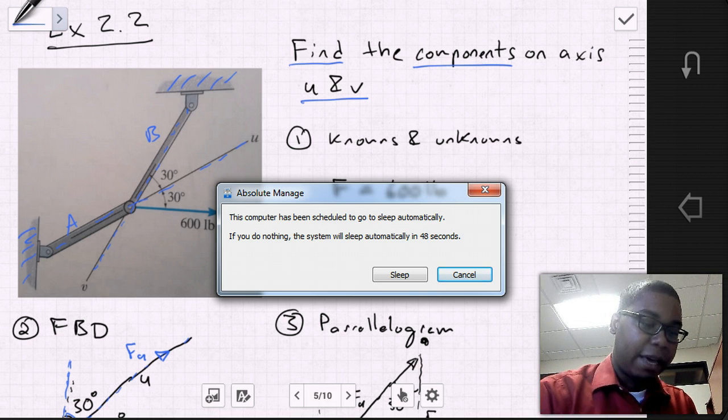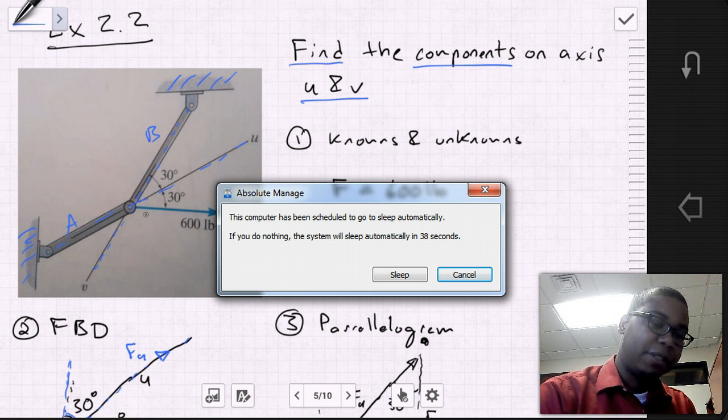In this example, we have a linkage system, and it asks us to find the components of the force that is 600 pounds projected on axes U and on axes V. So we need to decompose this force vector 600 pounds into vectors along the U direction and along the V direction.